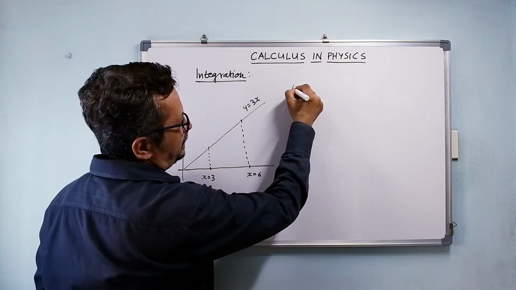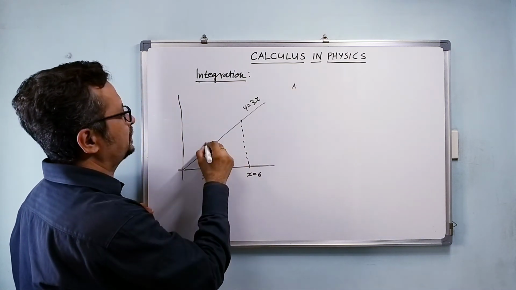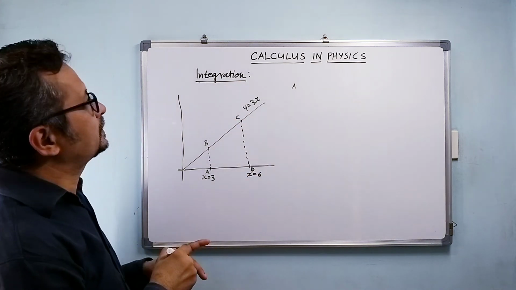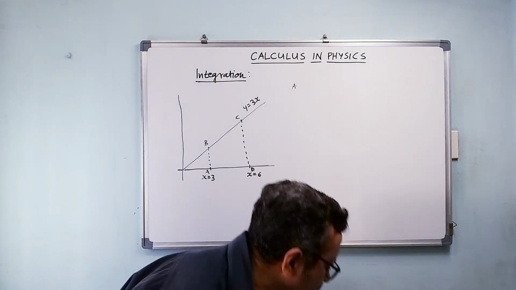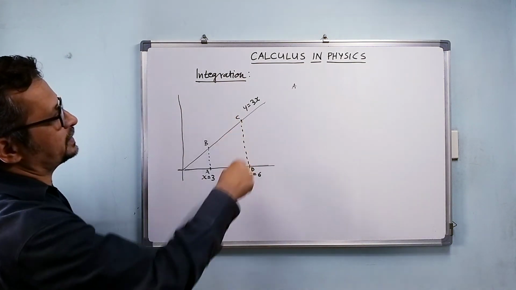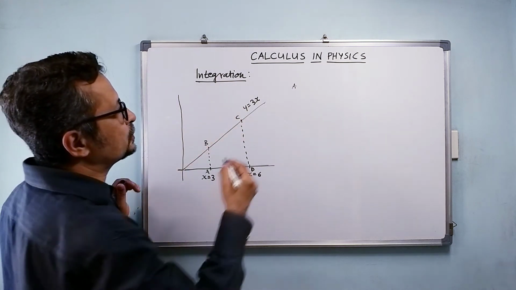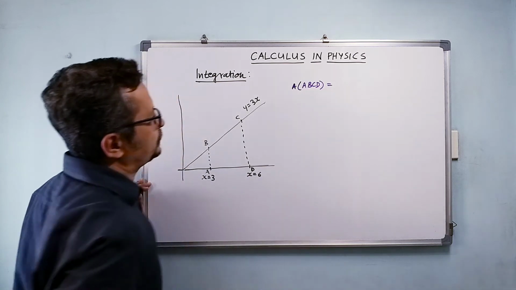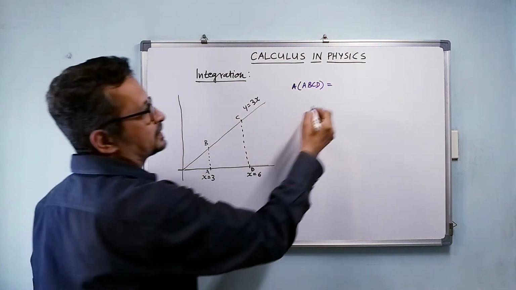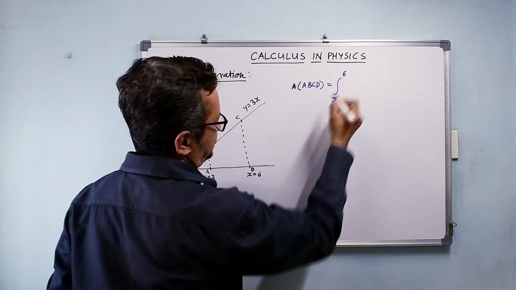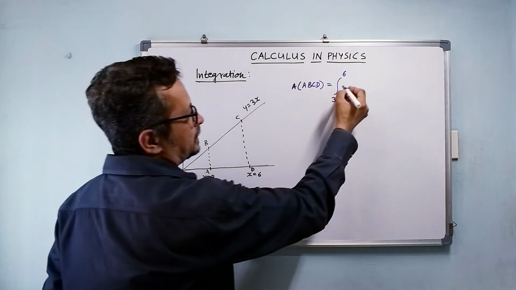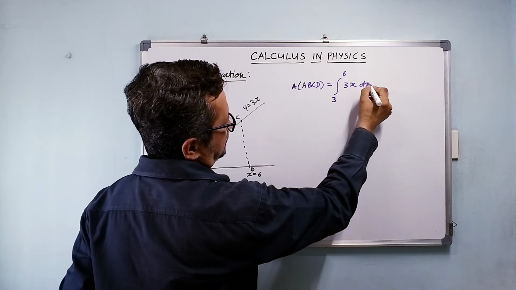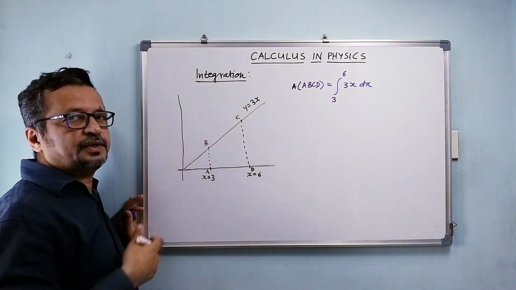Then I'll call this A, B, C, D, okay? So now I want to find area ABCD, and I have y is equal to 3x. So area ABCD is equal to the integral between x equal to 3 and x equal to 6. Now I write 3x dx according to what we did previously.